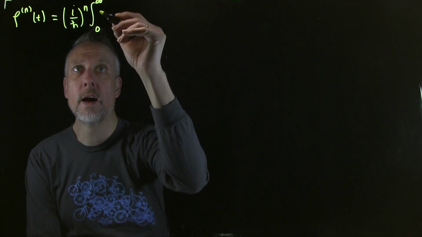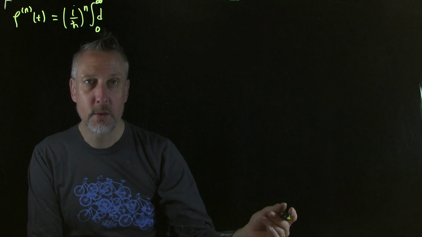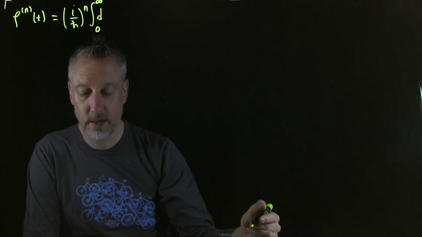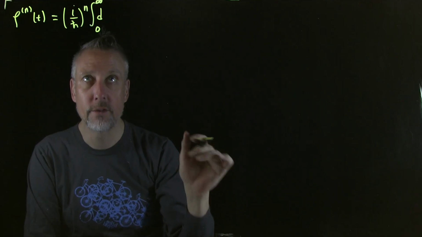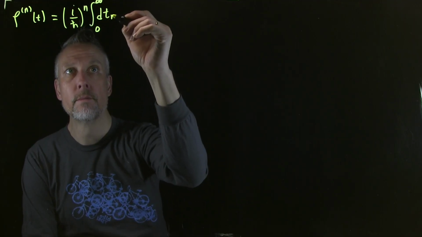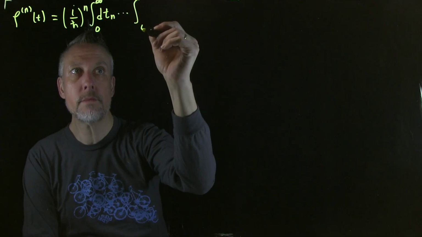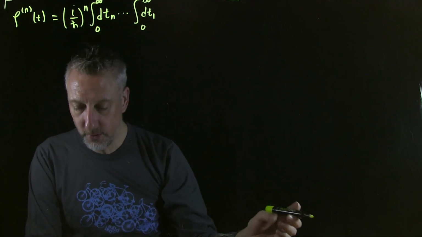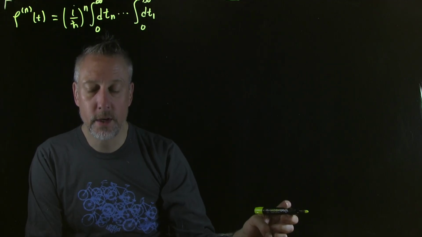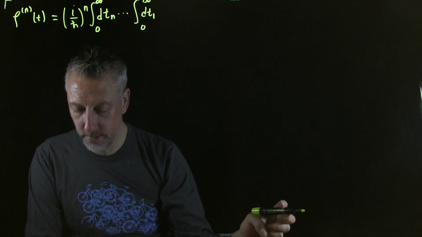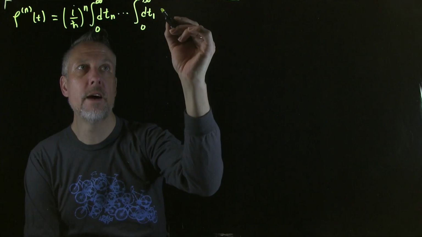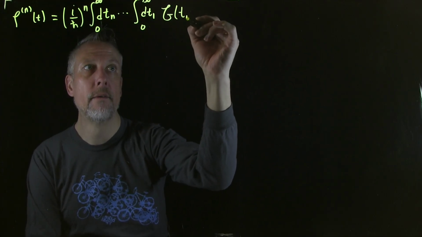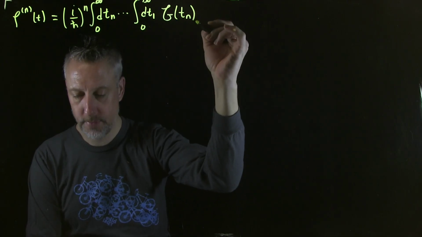Okay, so now we have d. Now we switch from taus to the t sub n's because we are interested in the intervals. All right, so those are all the integrals over the interval, the time differences. And then we have this sequence of Green's functions, right?